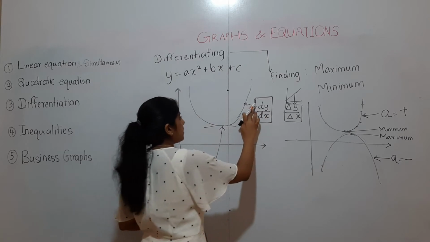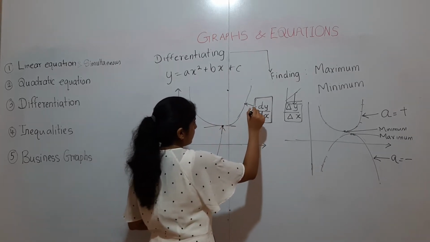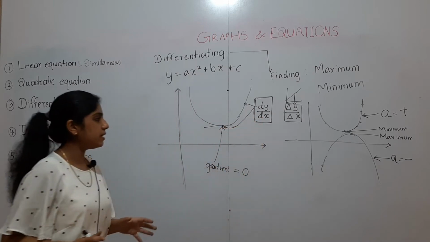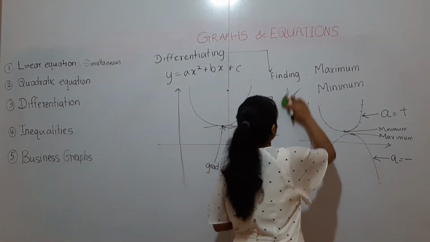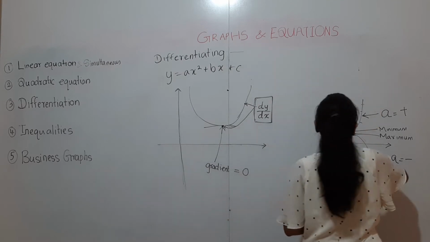And what happens at the minimum or maximum point is that the gradient equals 0. So now I will tell you all how it works. Remember this, and let's now find minimum and maximum values.